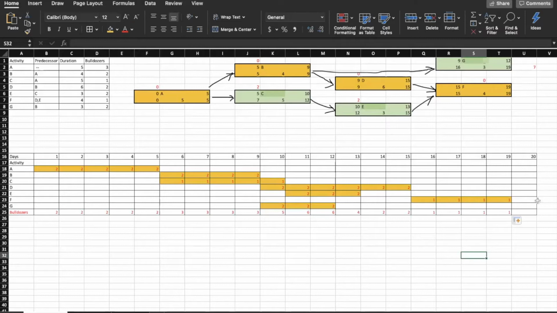And as you can see, we have all of the days, how many bulldozers we need, with the maximum of 6 bulldozers on day 11 and 12.